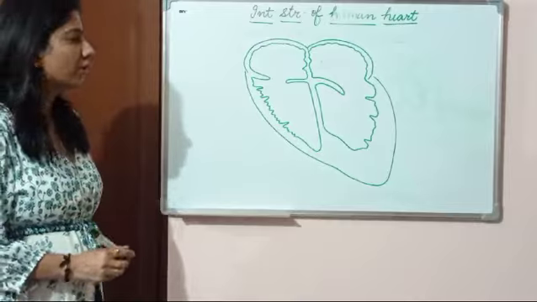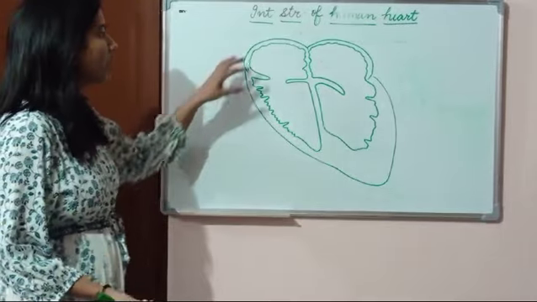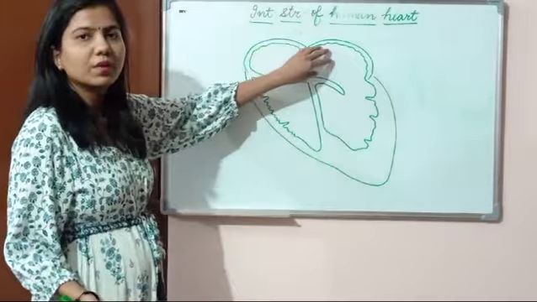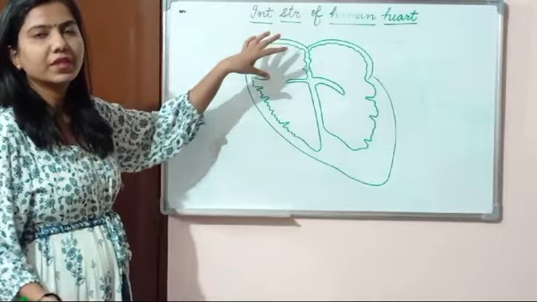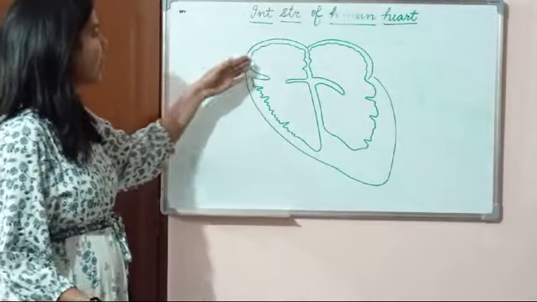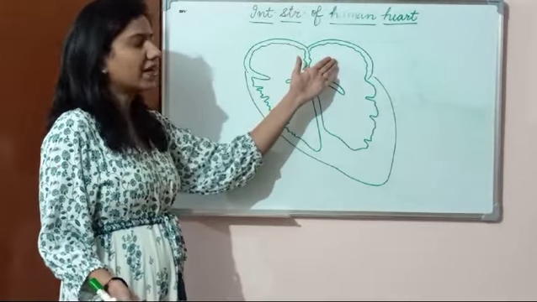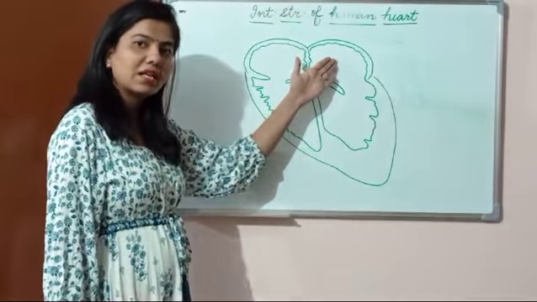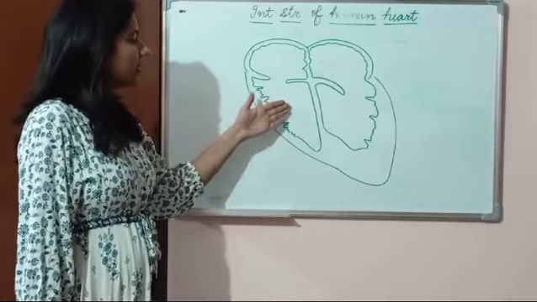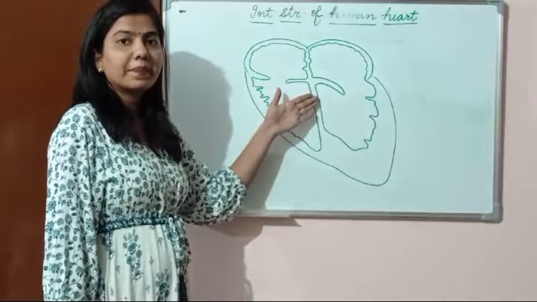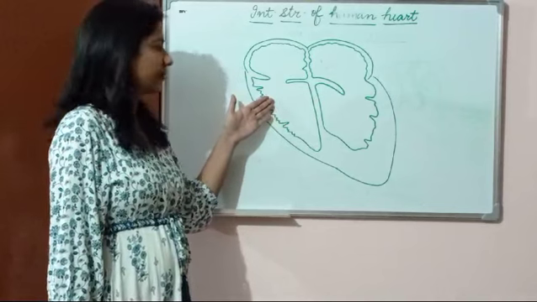Why is it so? Because the atria have to do the work of only receiving blood from all the body parts. The right atrium receives blood from the body parts, and the left atrium receives blood from the lungs. Ventricles have to do the work of pumping blood to various organs.